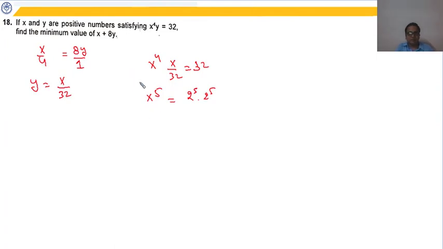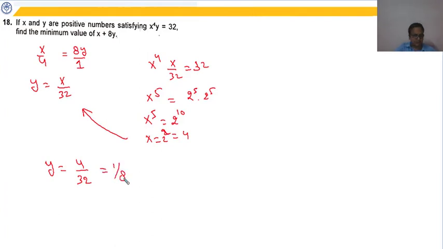We have to take positive numbers. So we simply say x to the power 5 is 2 to the power 10. So x comes out to be 2 square, that is 4. We get the value of x as 4. Put this value of x in this equation. We get y as 4 upon 32, that is 1 by 8.